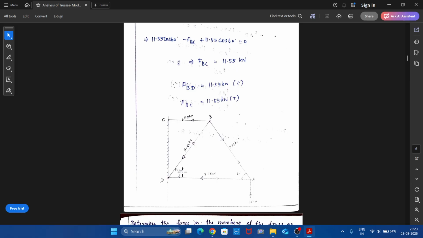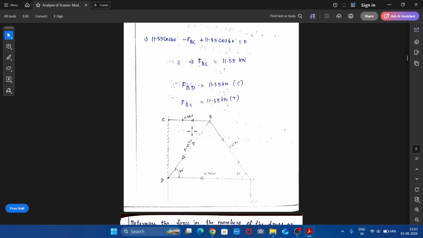With respect to both the joints, if we take a member, the convention of tensile or compressive forces should be either both moving away from both the joints, or moving towards both the joints. Compression will be towards both the joints. If we take joint B, this is moving towards B. If we take joint D, towards D. So therefore, this is compression.